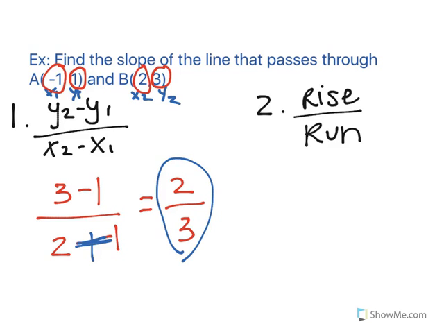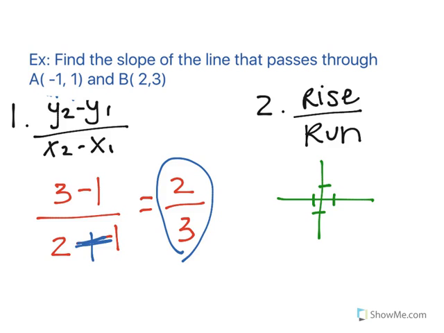If you don't like that method and you would rather do the rise over run, that's totally okay. I'm going to erase this so I can see this a little bit better. If you're going to do the rise over run method with coordinates, you're going to have to graph it. So I'm going to graph (-1, 1). -1, 1 is up here.